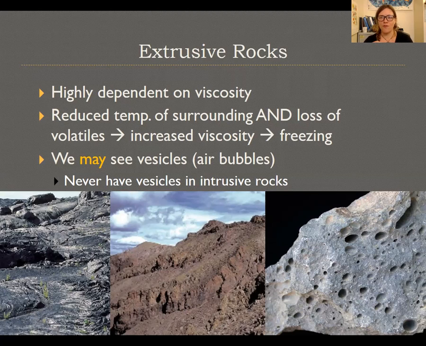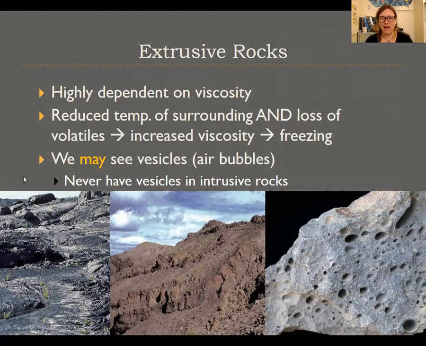So you can think of if you had a soda with a pressurized top on that you can't see the gases, and then you take the top of the soda off, you depressurize the environment, and all these gases or volatiles start to bubble up out of the soda. So the same thing happens with lava as well.